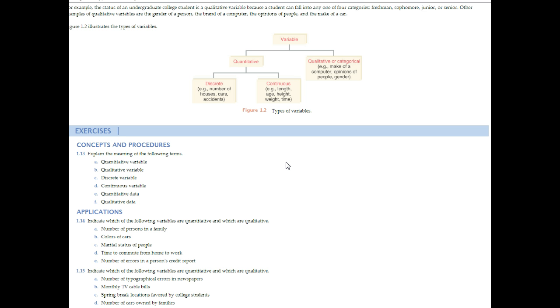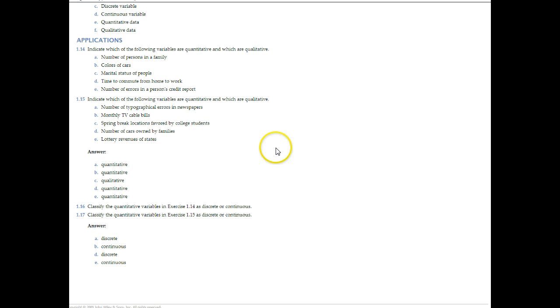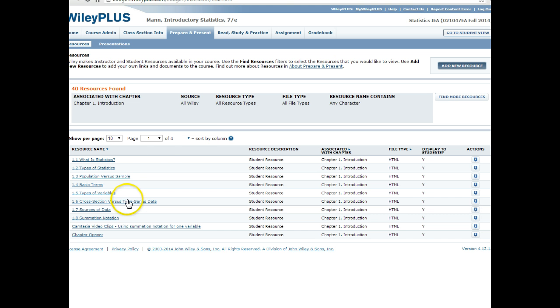Well, not vice versa, but we want to distinguish again with that. Okay, everyone understand that? Okay, good. All right, so that was that one. And then we want to look at cross-section versus time series.